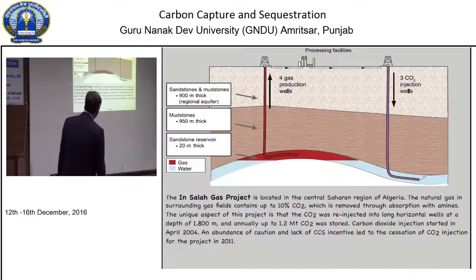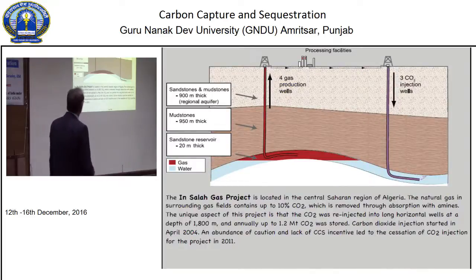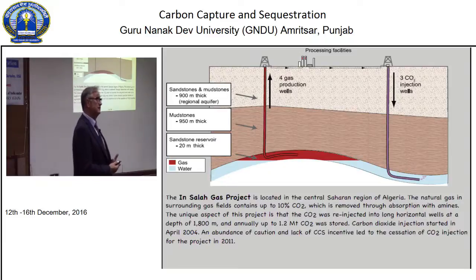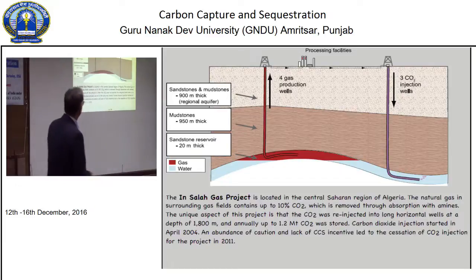The In Salah project is in Algeria, and this is a particularly interesting project because you have natural gas wells in which the natural gas is on top of a brine aquifer. That natural gas is being sucked out, but the natural gas has a significant amount of CO2 in it. And remember, we talked about sweetening at the very beginning of the absorption section.